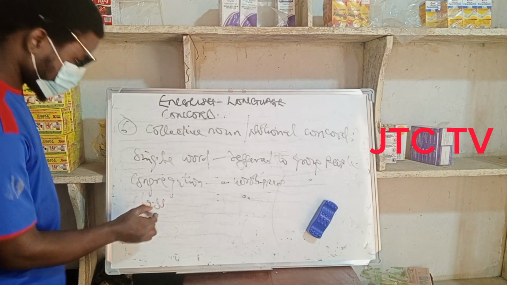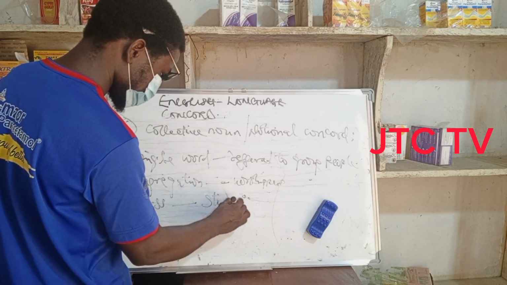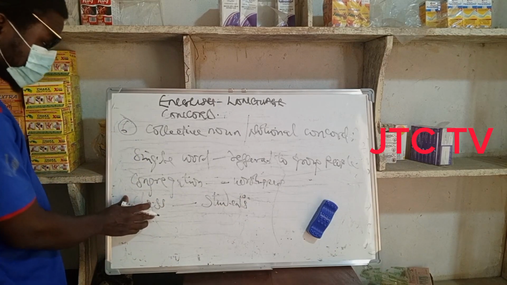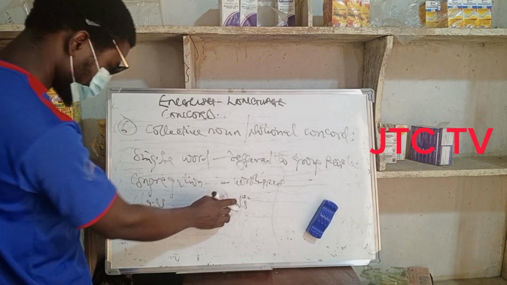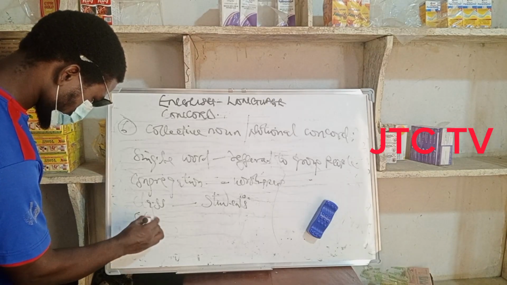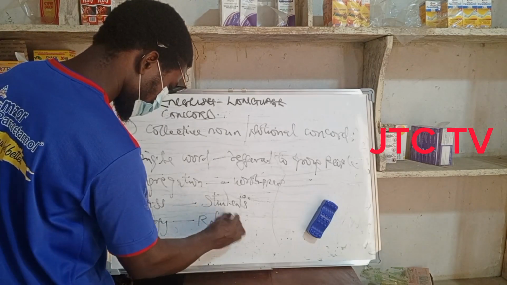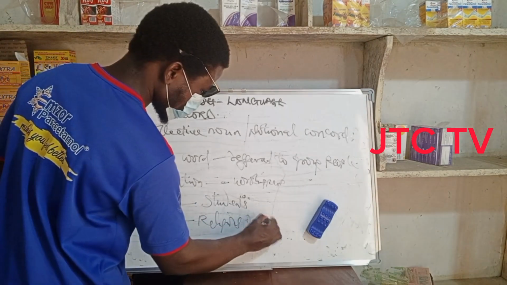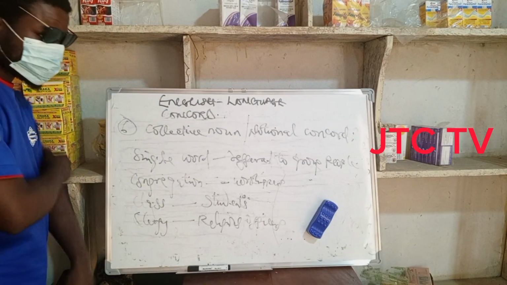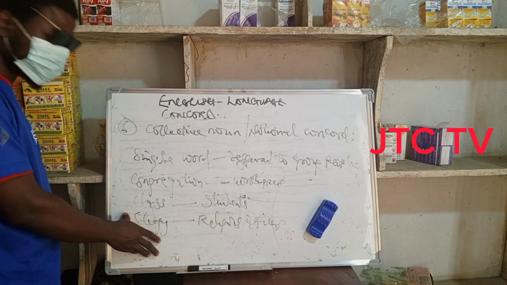Class is referring to students. Different students make up a class. So a class is a collective noun for students. We have clergy, religious officers, who make up a clergy. So your pastor, your deacon, your evangelist, those religious officers make up the clergy.